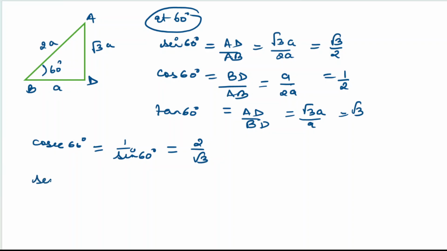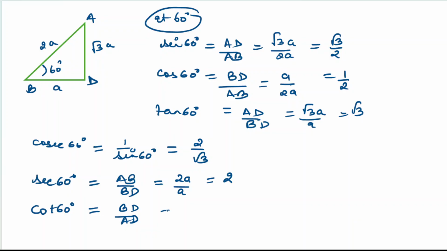What is your sec 60 degree? You can get it by 1 by cos 60 degree, or it is equal to AB divided by BD, so 2a divided by a, so you will get 2. What is the cot 60 degree? It is BD divided by AD. So you will get a divided by root 3a, so you will get 1 by root 3.